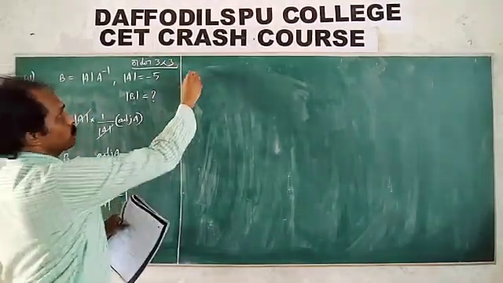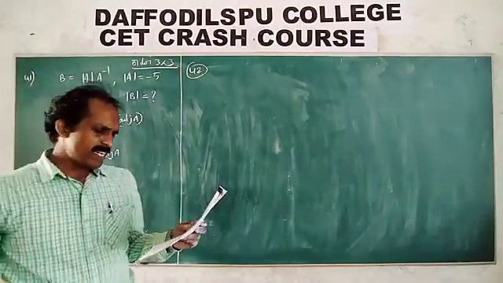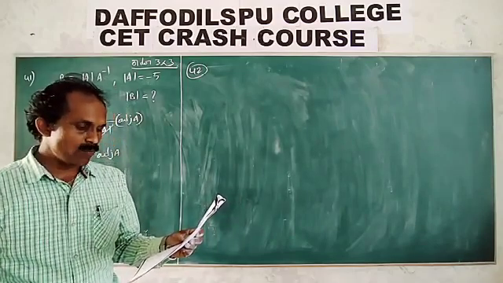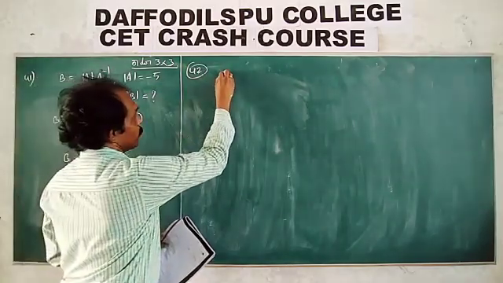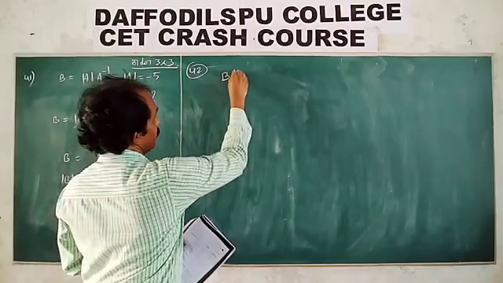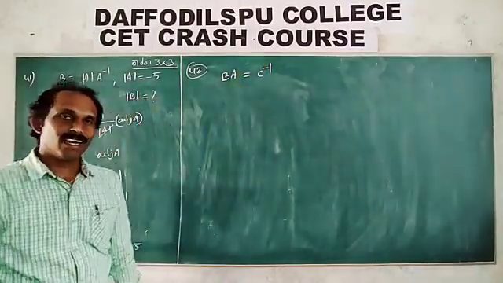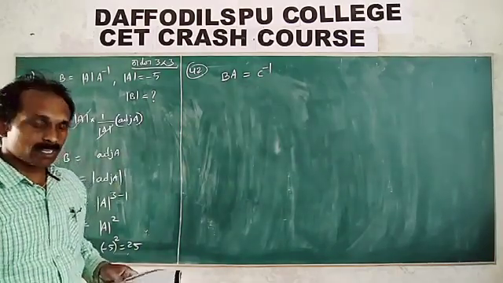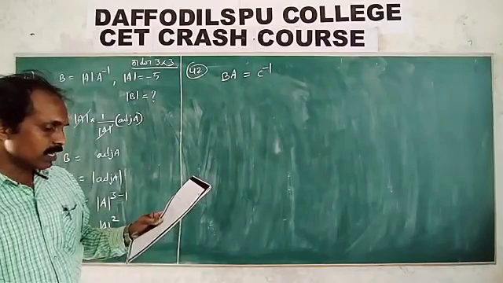Next, 42. If the product of the matrix B with the matrix A has the inverse C, the question is, if the product of matrix B with the matrix A has the inverse of C, so that is the given condition. So BA is equal to C inverse, right?